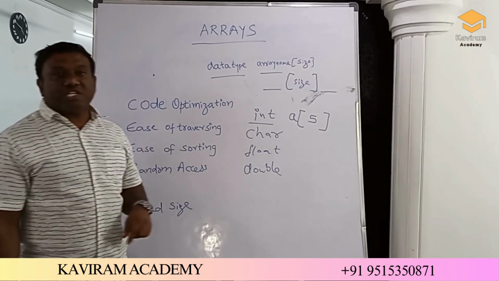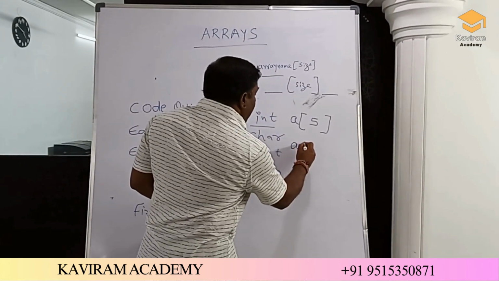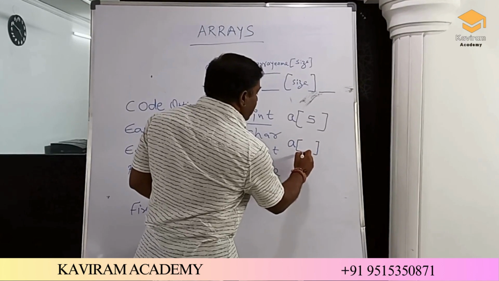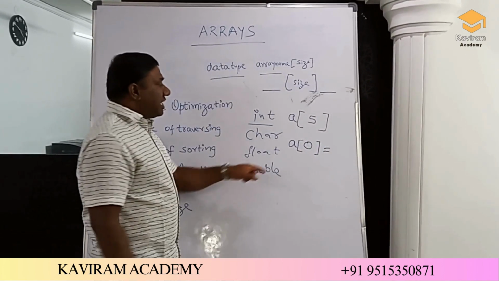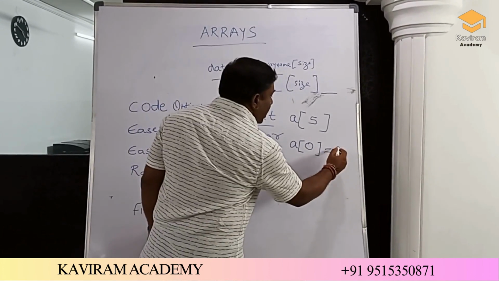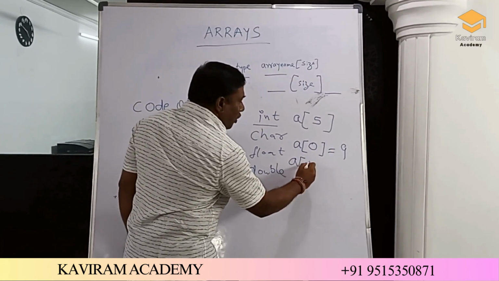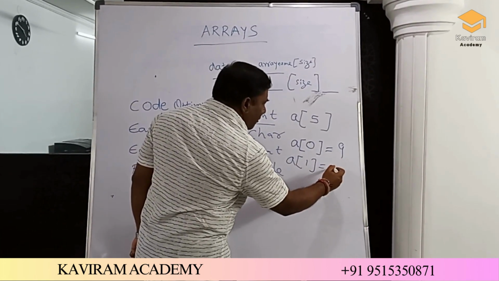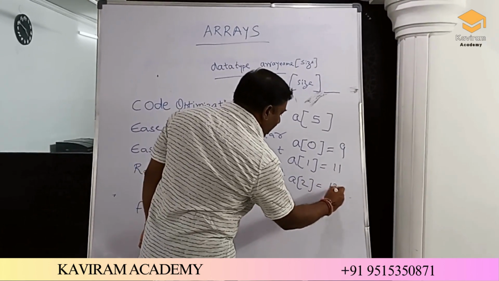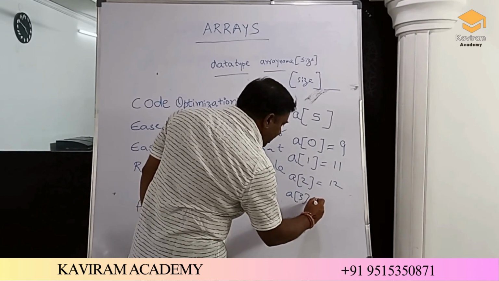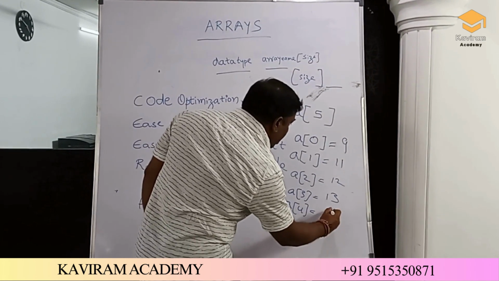So how will it store these arrays in C? For example, A and this index starts with a 0 value. A of 0 might be given the value 9, the first one is A of 0, the next one is A of 1, which represents the second variable, say 11, A of 2 is 12, A of 3 is some value like 13, and A of 4 represents another value, 14.